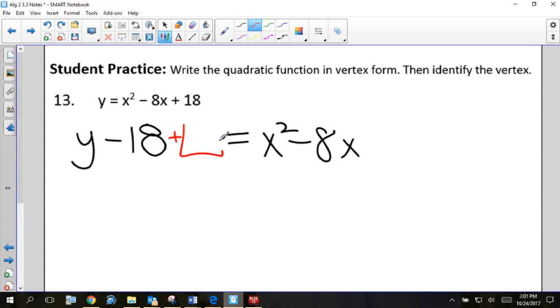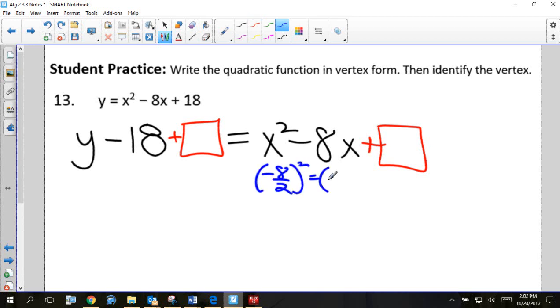We put a square in the space. Then we complete the square. B over 2 squared. We'll do negative 8 over 2 squared. Negative 4 squared is 16.